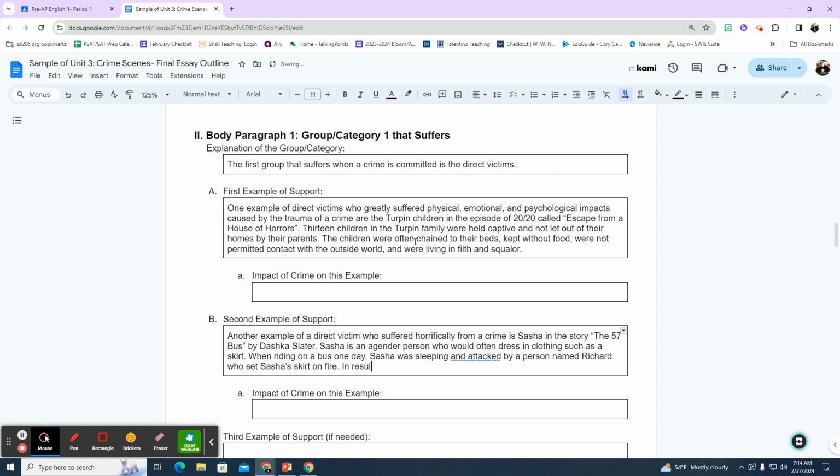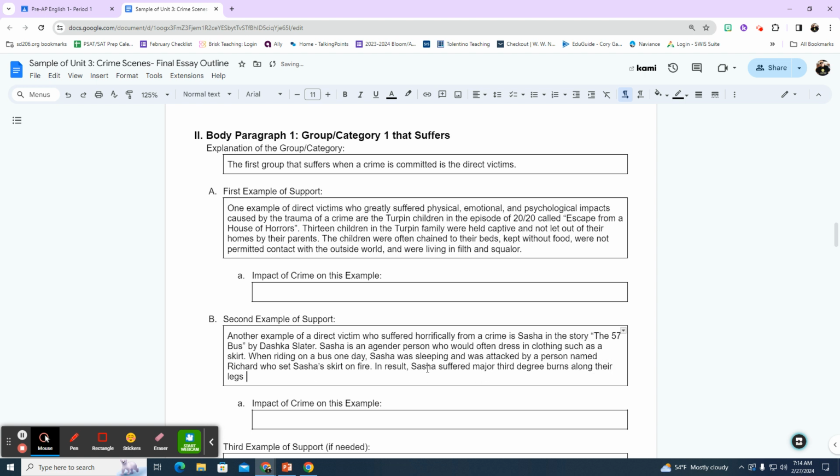As a result, Sasha suffered major third-degree burns along their legs, as well as severe emotional and psychological trauma.